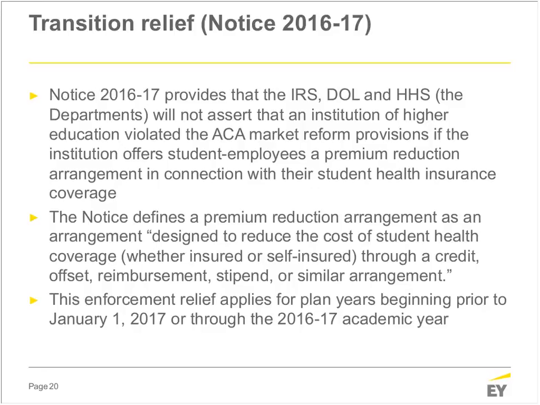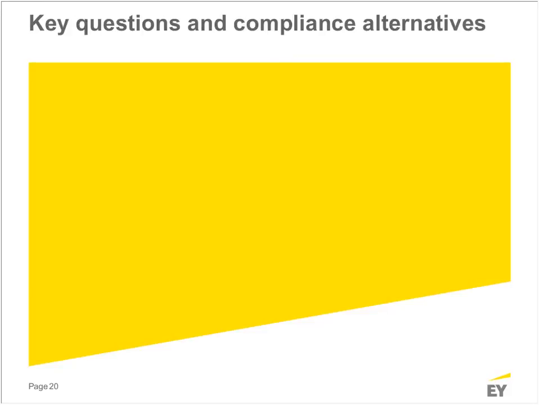I think the reason the notice is more open-ended is because the agencies are aware that colleges and institutions have many different arrangements for subsidizing the healthcare coverage for their students, as we talked about earlier.